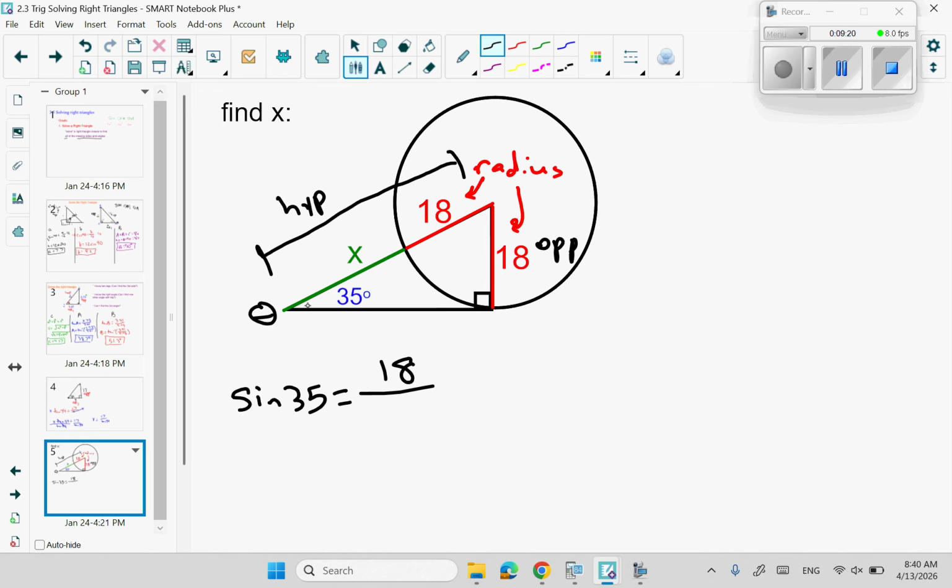So we can write sine of 35 equals opposite over hypotenuse, hypotenuse being the entire side length. This chunk is x, this chunk is 18. So that would be x plus 18. So again, we always multiply by the denominator. So I'm going to multiply by x plus 18.